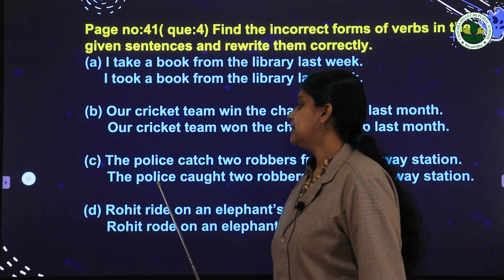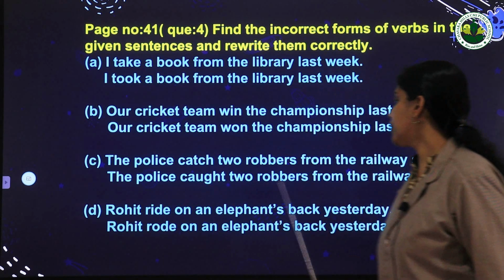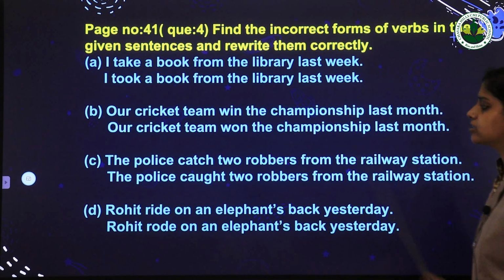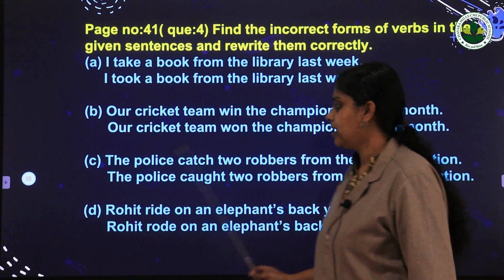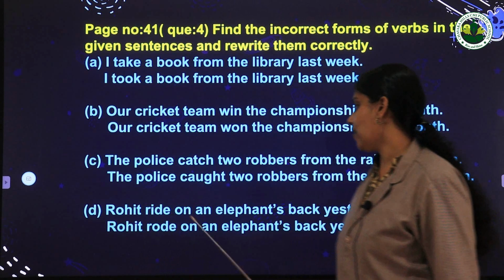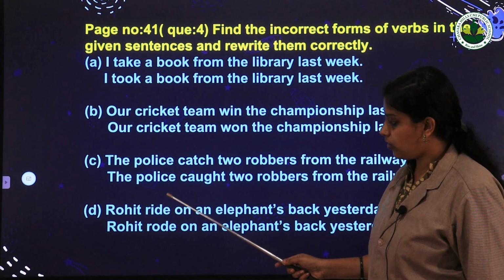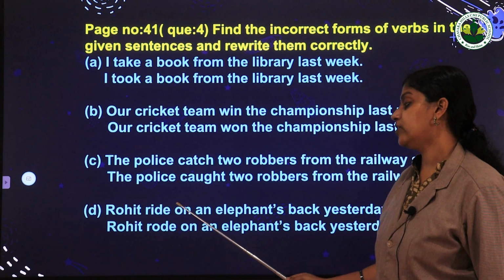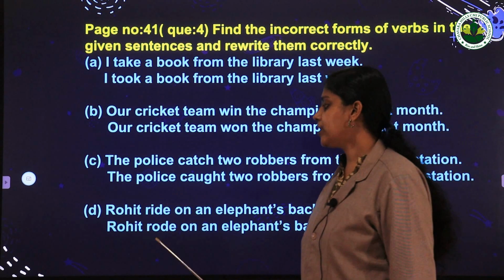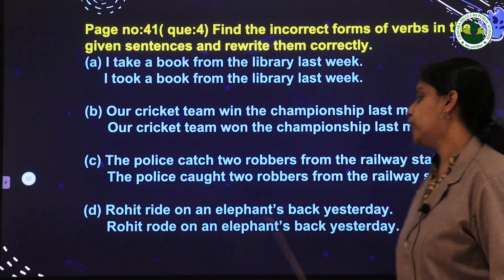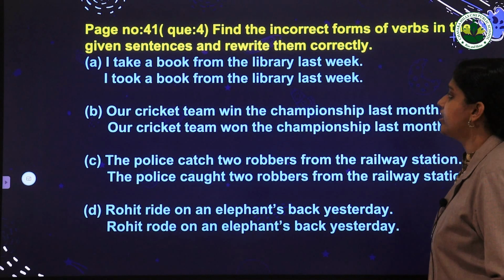The answer is the police caught 2 robbers from the railway station. So caught is the past form of the verb catch. Next one, Rohit ride on an elephant's back yesterday. Here ride is the verb, and you should find its past form. Rode is the correct answer. Rohit rode on an elephant's back yesterday.